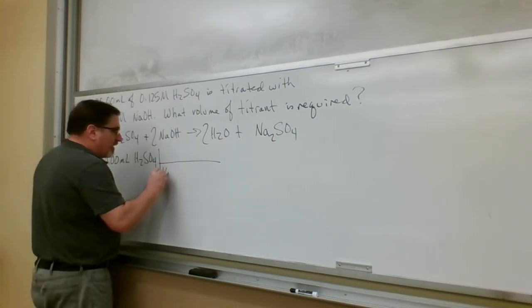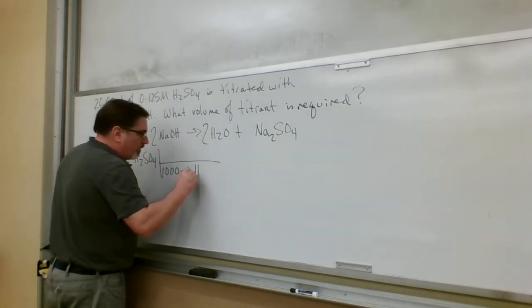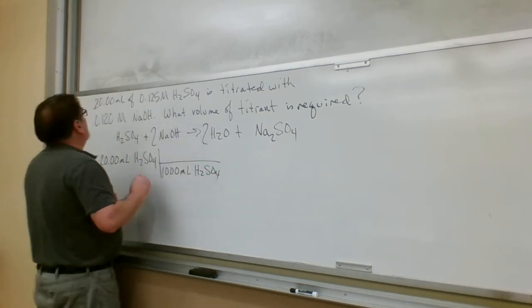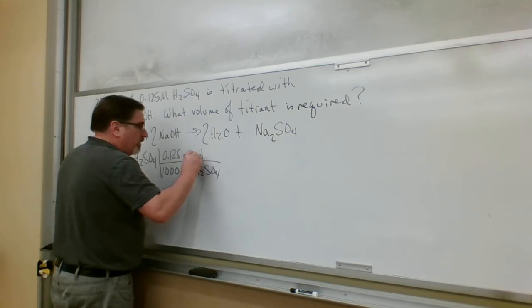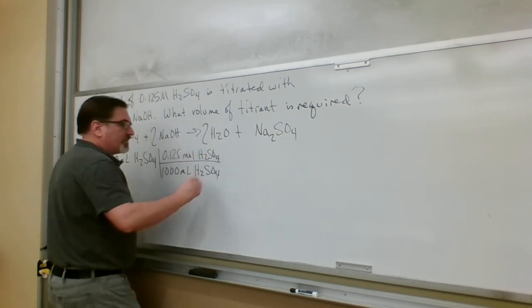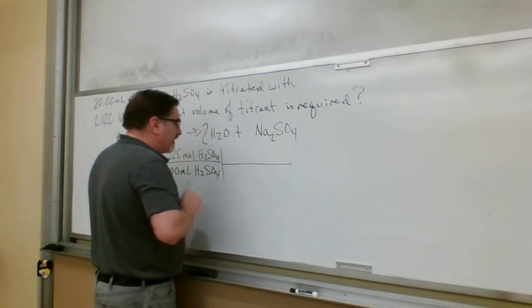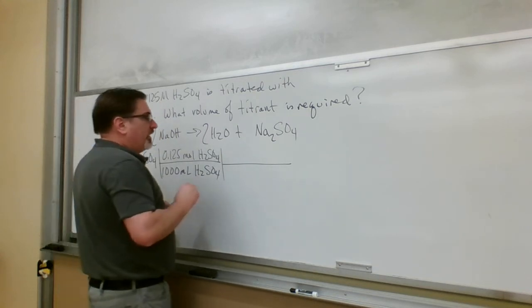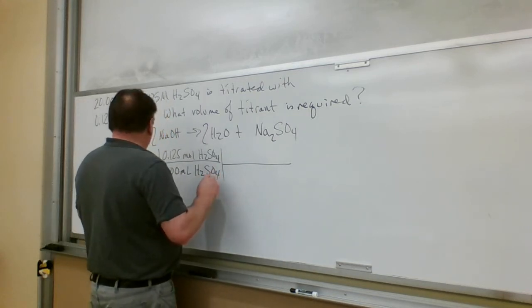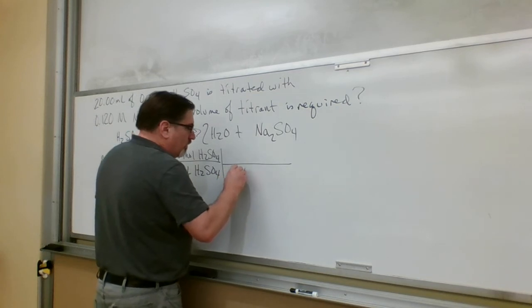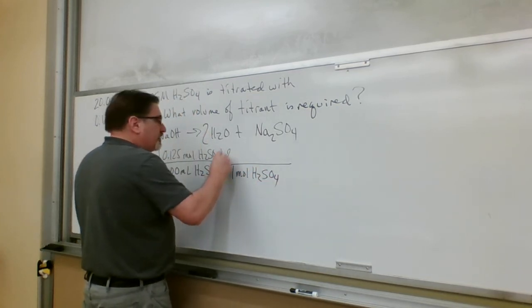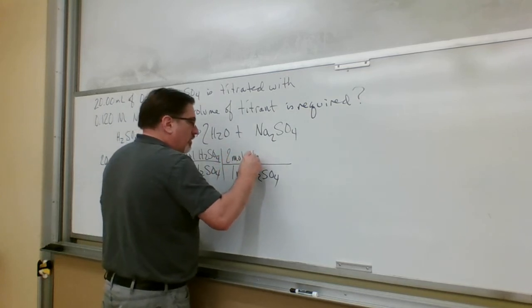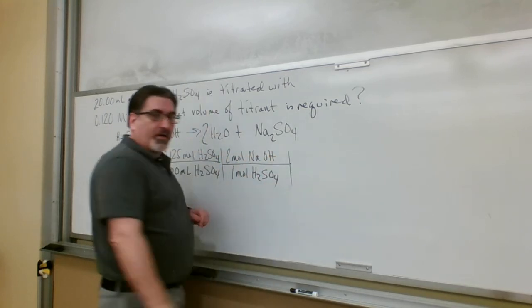And for every 1,000 milliliters, it was 0.125 moles of H2SO4. And then we use the stoichiometry to convert to moles of NaOH. So for every 1 mole of H2SO4, in the denominator here, there's 2 moles of NaOH from our equation.